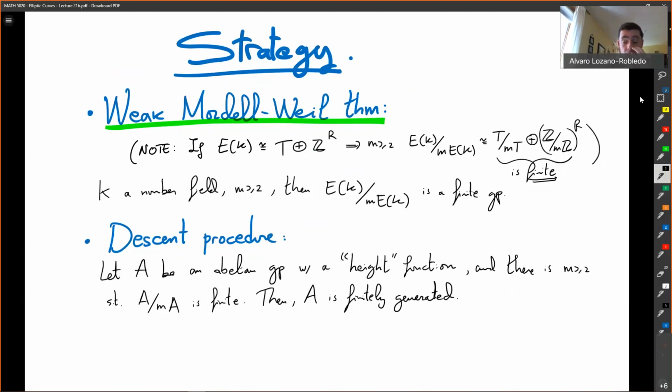The cool part about this is that you see that in the quotient, when I do a quotient of E mod m, if I know that E is like this, we will see, so the hard part, we will be able to compute the torsion group, no problem. We already know some things about it, about the fact that at least almost all the points are integral and so on.